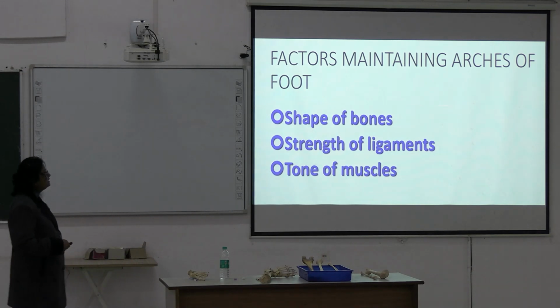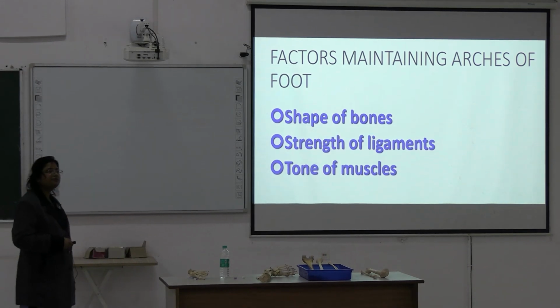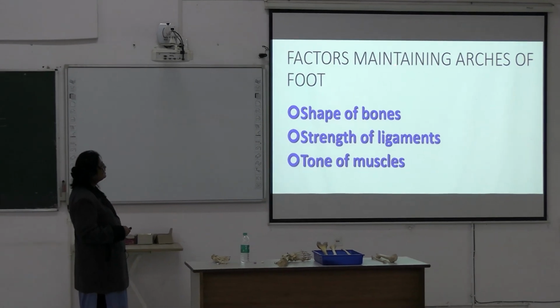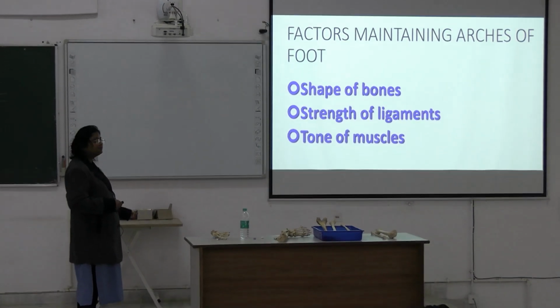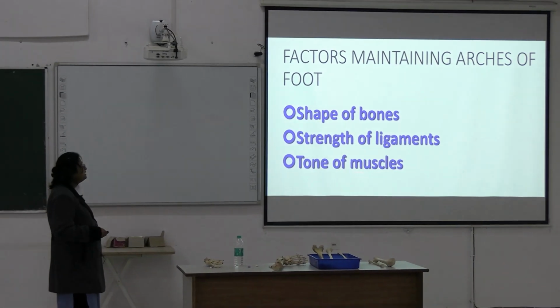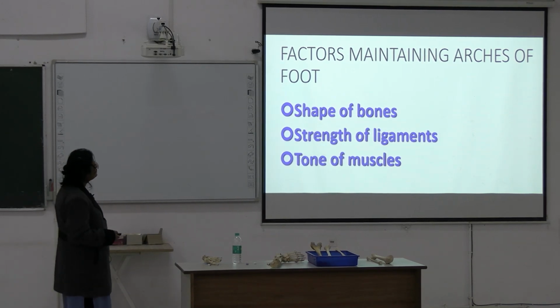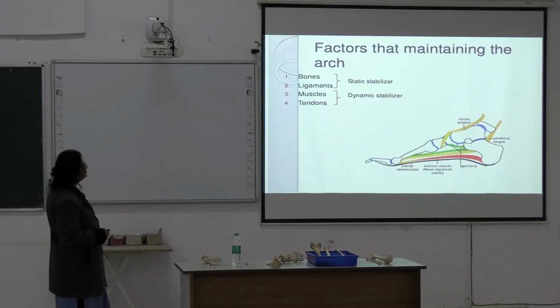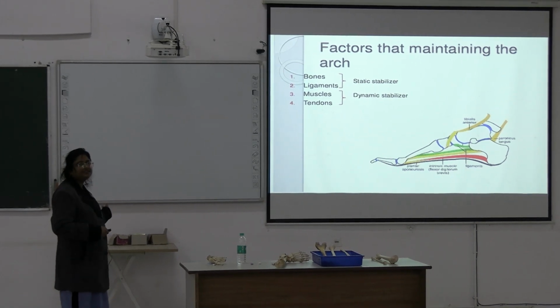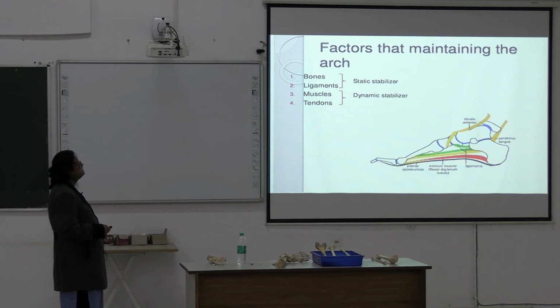Next, so what are the factors maintaining the arches of the foot? These arches are maintained due to the shape of the bones, strength of the ligaments and tone of the muscles. Next, bones and ligaments are static stabilizers, they do not change, and muscles and tendons, whose positions change, are known as dynamic stabilizers.